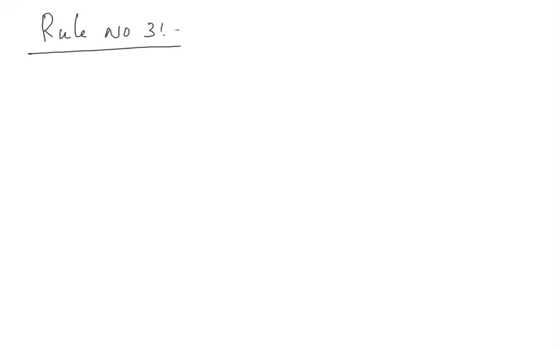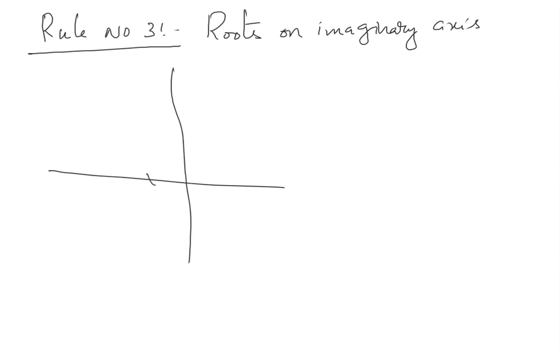The title for this one is roots on the imaginary axis. Suppose a system has roots something like this: it has all the roots on the left side, only 2 roots on the imaginary axis. Is this system stable or unstable?